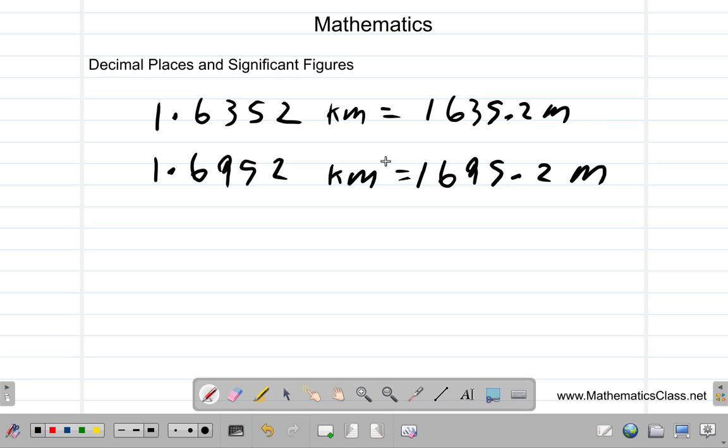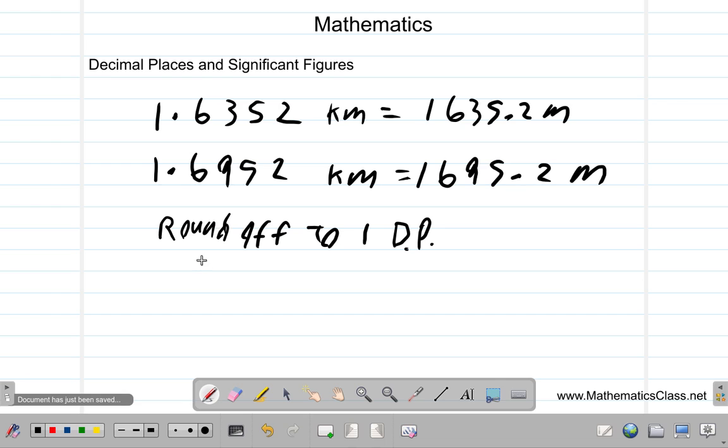If you want to round off to 1 decimal place, I'll write dp for decimal place. When they say 1 decimal place, you look at the decimal point and go 1 place to the right.